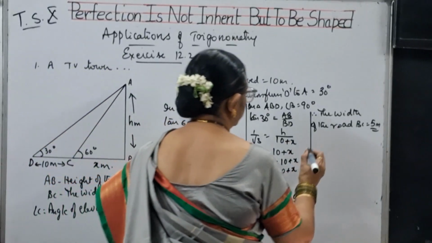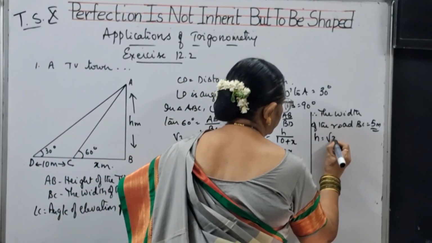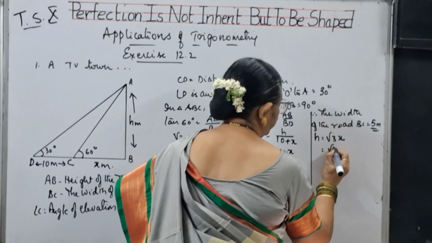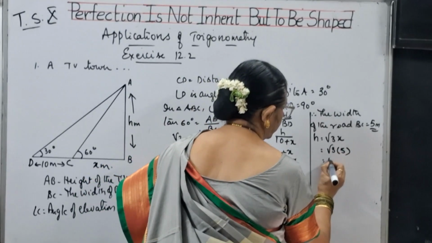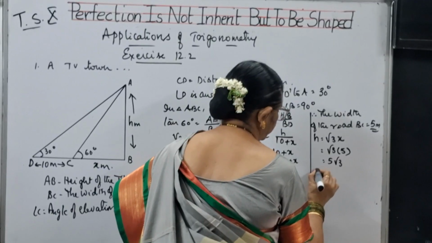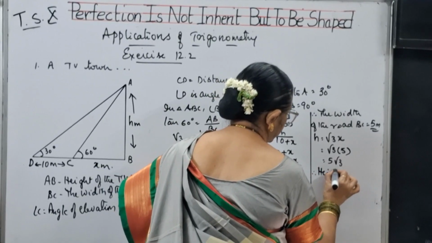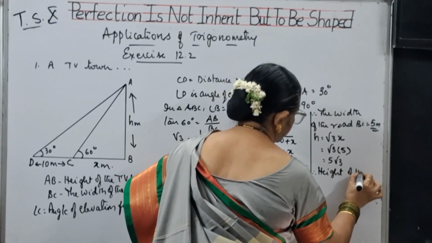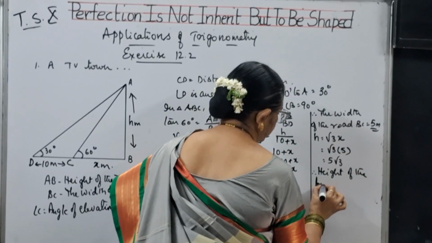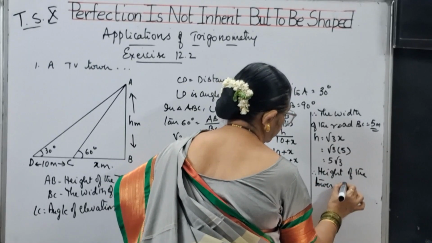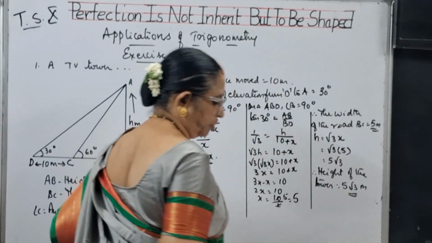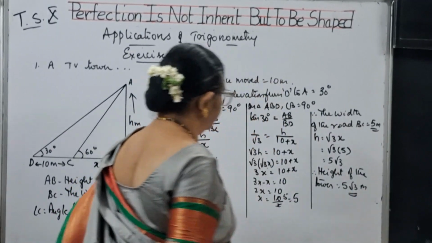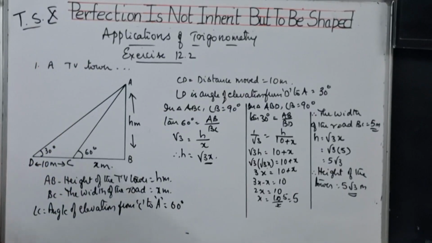We know that h is equal to root 3x. That means root 3 into x value is 5. That is 5 root 3. Therefore, height of the tower is equal to 5 root 3 meters. This is one more answer, children. This is the first sum of exercise 12.2. Please note it down.